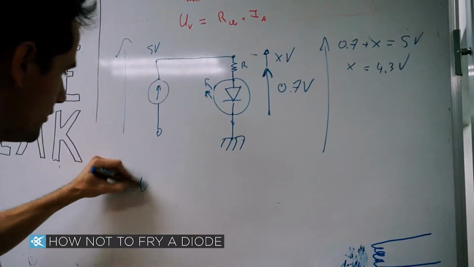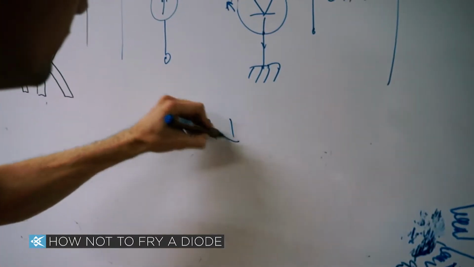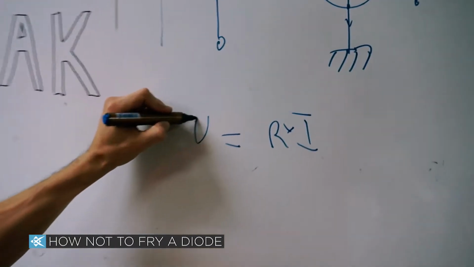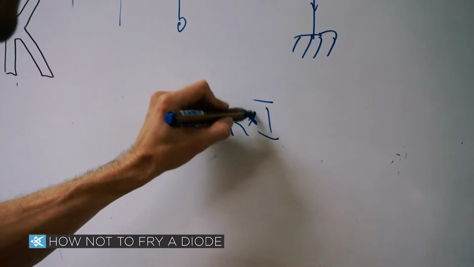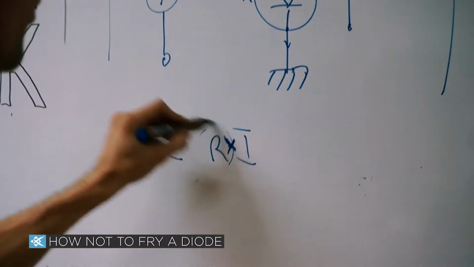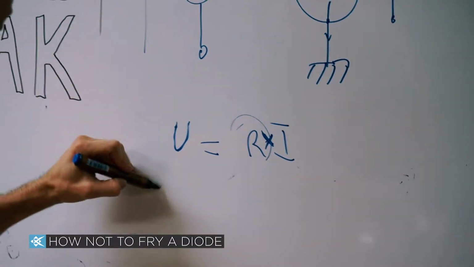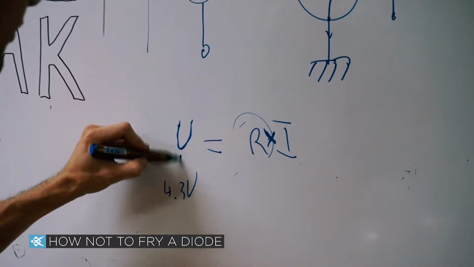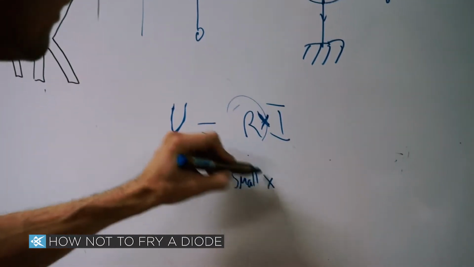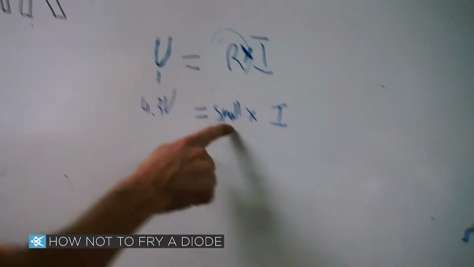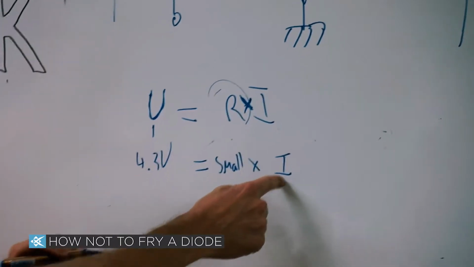Ohm's law says that U equals R times i, so the voltage is equal to the resistance times the intensity. And we know this is 4.3 volts. We know R is small. We don't know exactly how much, but it is small. And then you don't know what your intensity is here.